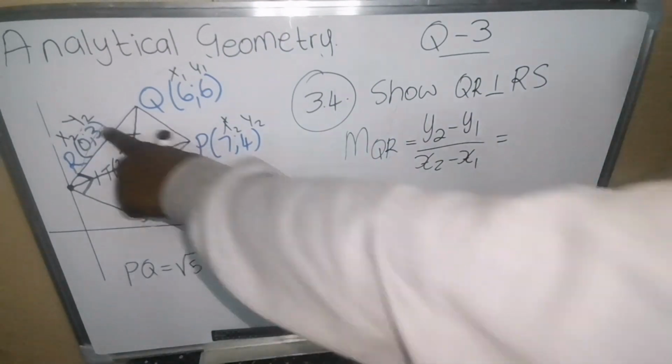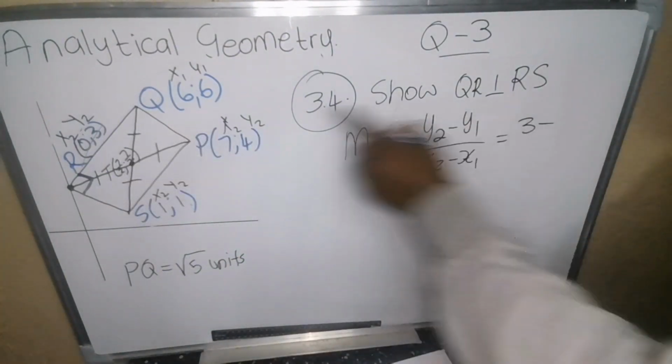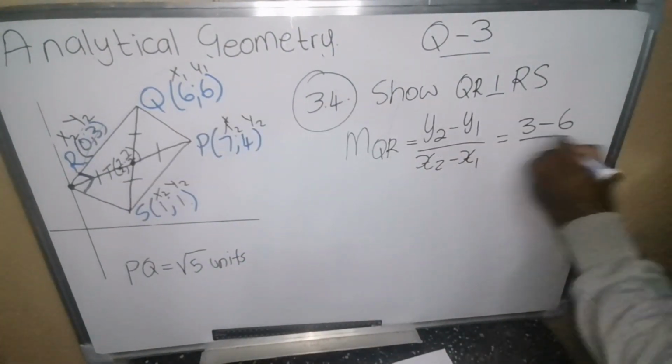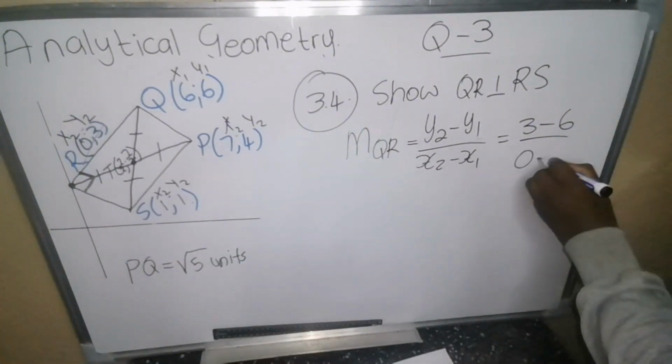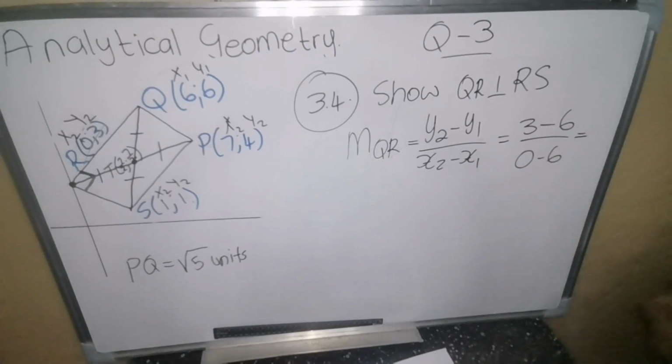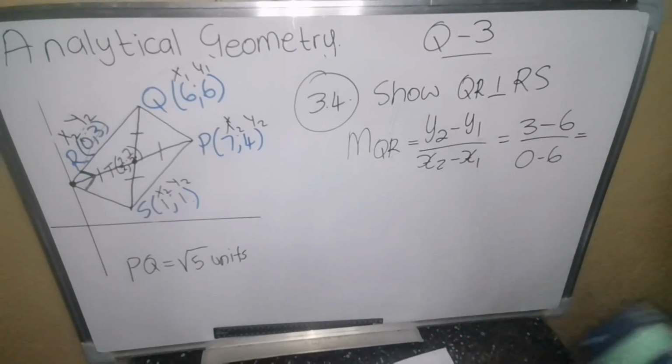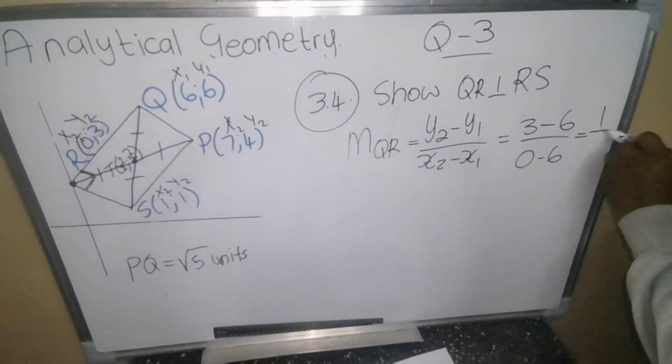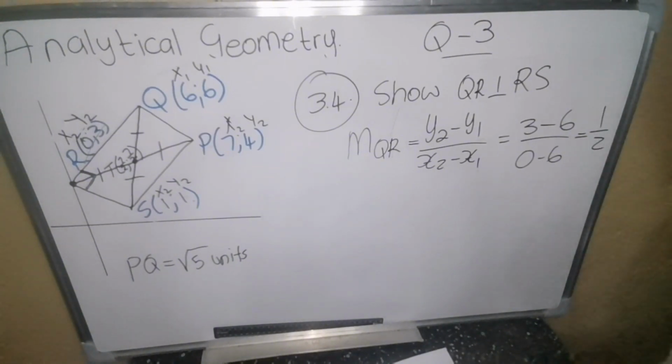So y2 is 3, y1 is 6, x2 is 0, x1 is 6. My answer is 3 minus 6 is -3, then -3 divided by -6. The answer gives me one half. I'm done with that one.